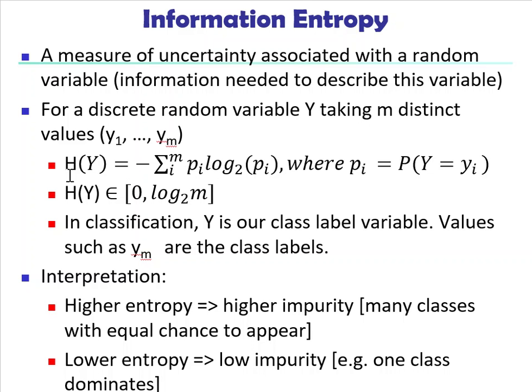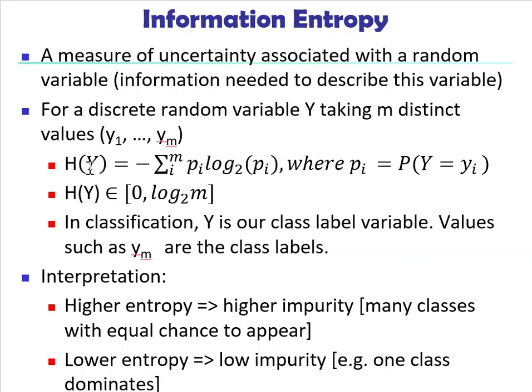So when does information entropy take the smallest value, 0? Information entropy takes the smallest value 0 when all the observations in your dataset share the same label. In that case, you only have one label, so the probability for that one label to happen is 100%. So here p_i is 1.